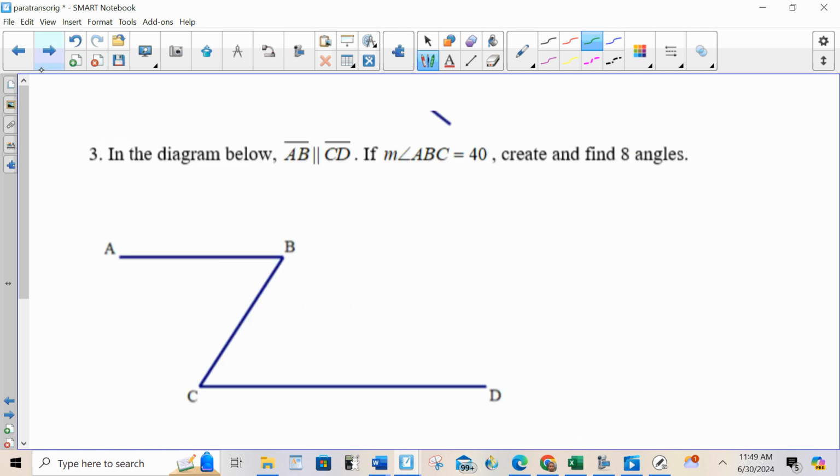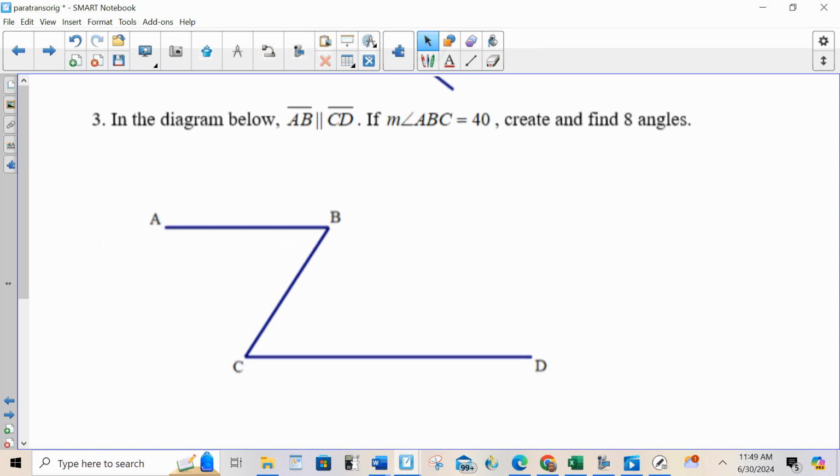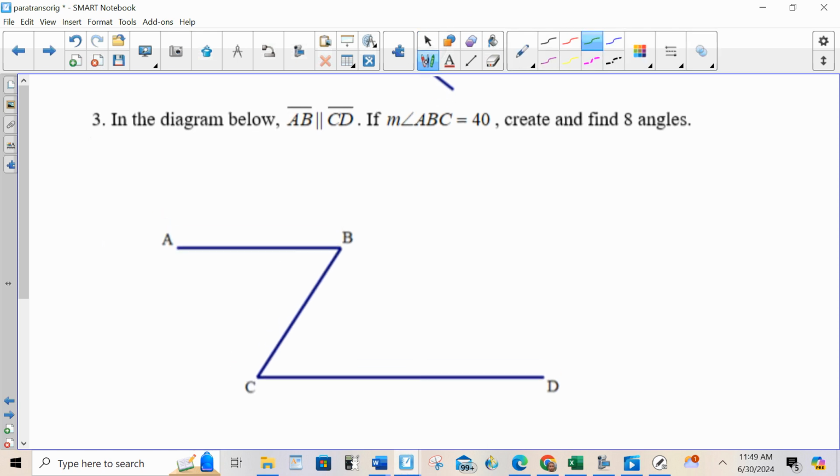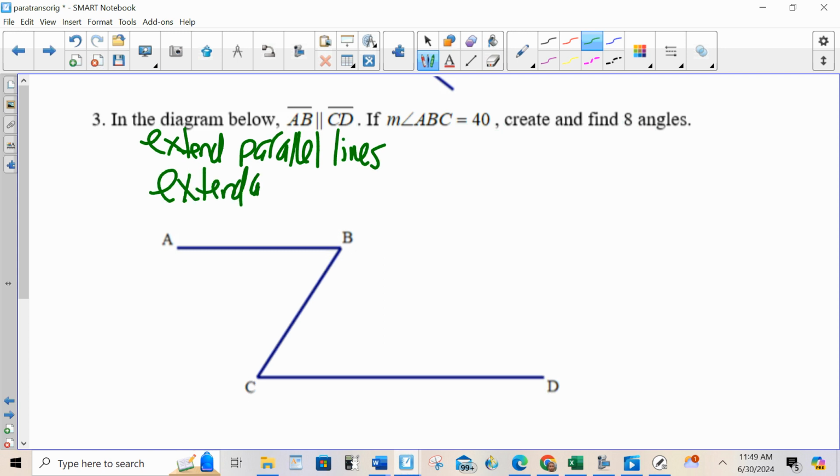Now, if I go to something like this, this is where it becomes very important to extend your parallel lines, extend and follow the transversal.